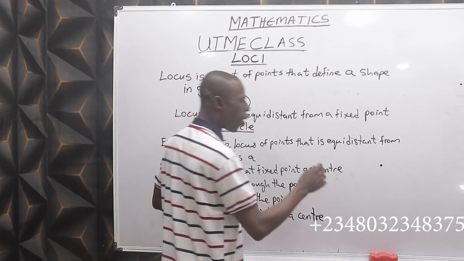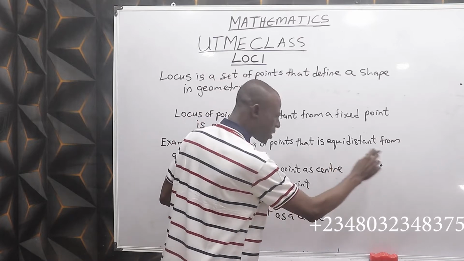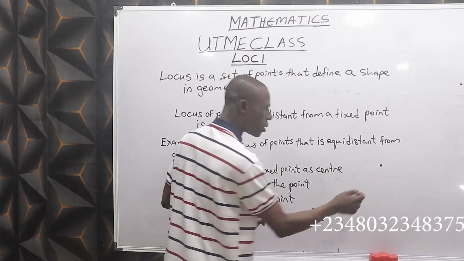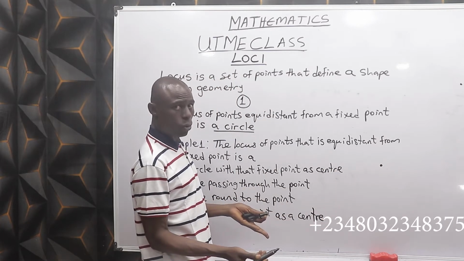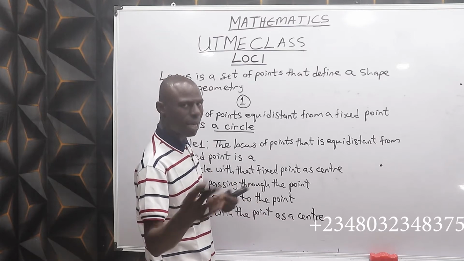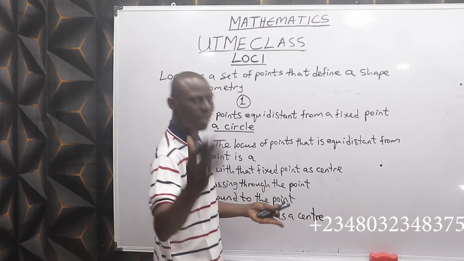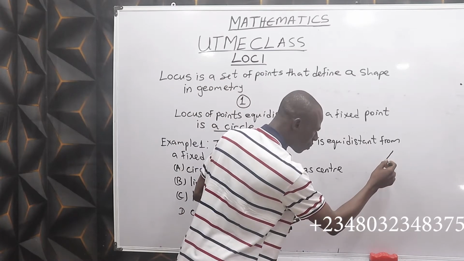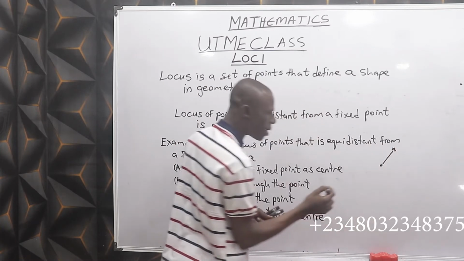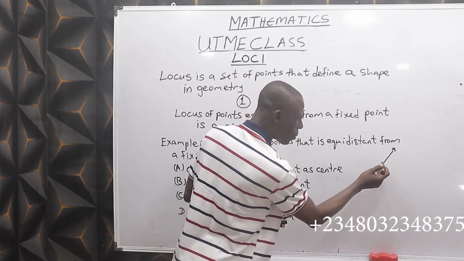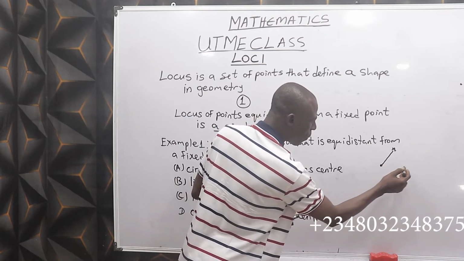The locus of points equidistant from this fixed point will be a circle. What is the meaning of equidistant? That have equal distance.